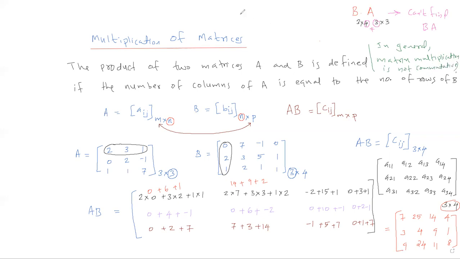That means A into B and B into A are not the same in general. Here in this particular example we saw we are able to find A into B, but we are not even able to find B into A. So in such a situation, a question of both being equal will not arise. B into A you cannot find, you can't multiply B into A. Understood? Okay.